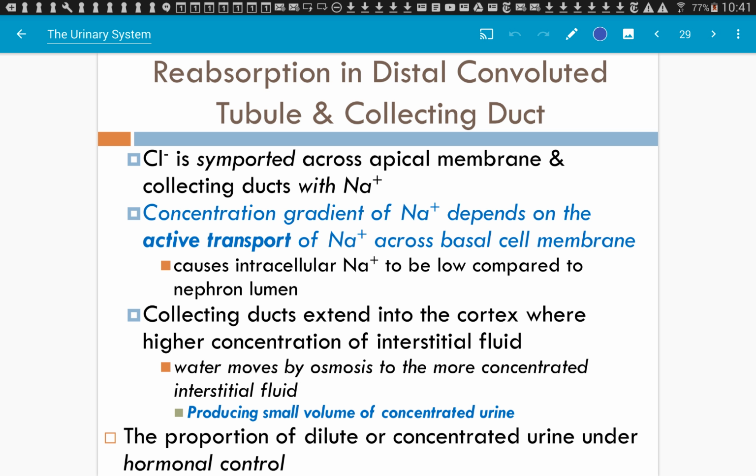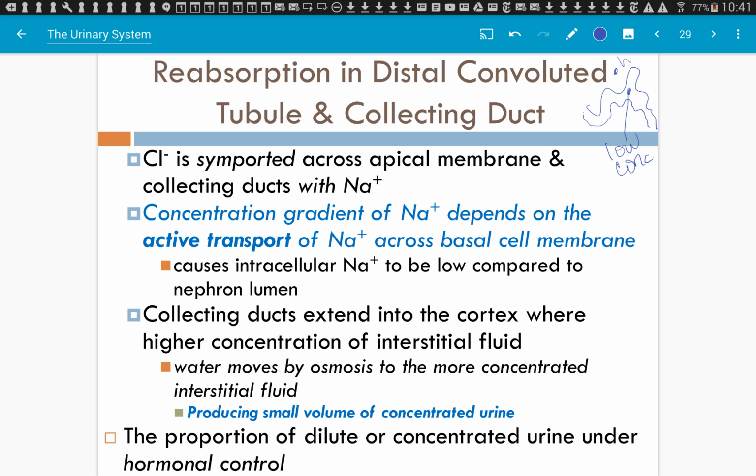So, now we're going to talk about why that. So remember, by the time we're in our distal convoluted tubule, so here, let's say this is our distal convoluted tubule. I'll try to make it look like a thicker tube. So it's saying the fluid inside is lower in concentration than the fluid outside.